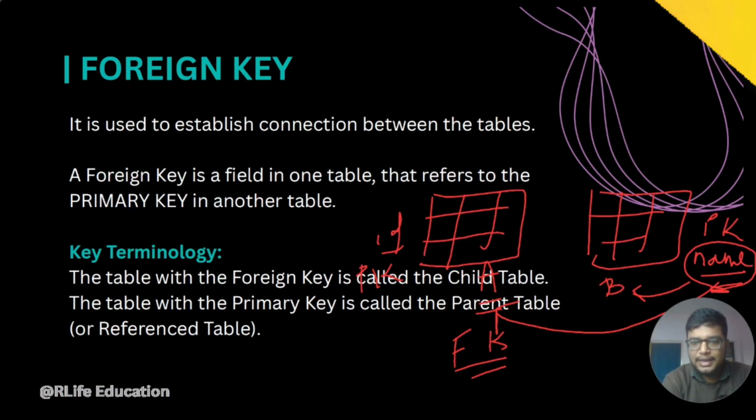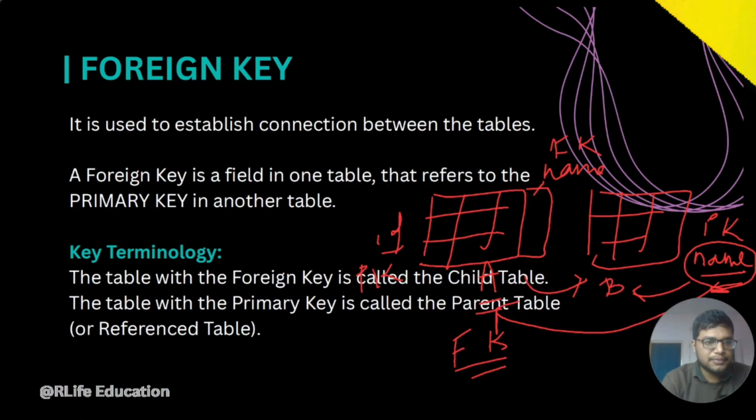If I declare this name column in my table, that means one extra column is added here. This name is nothing but a foreign key in my table. This column is from table B. That means in this case, name acts like a foreign key for my table.